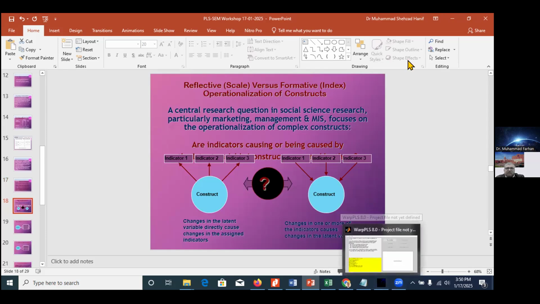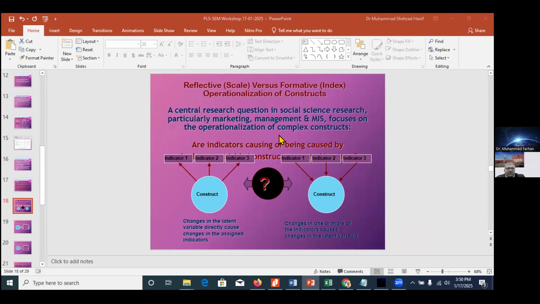Can you people make use of the chat box and write down what you think, what is the difference, what is a formative construct, what is a reflective construct? Nobody got an idea? Any guesses?